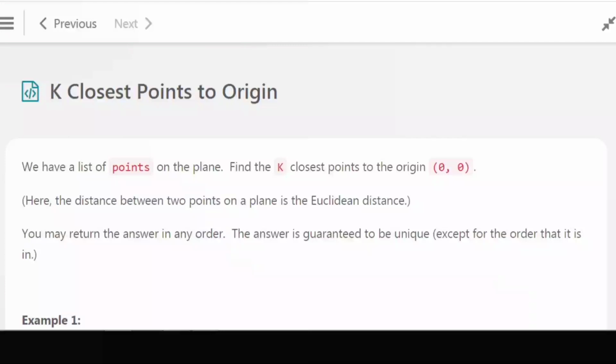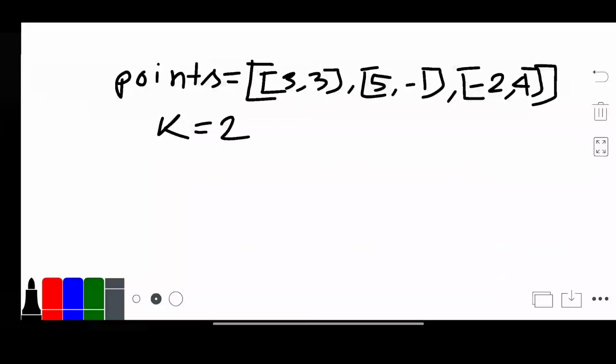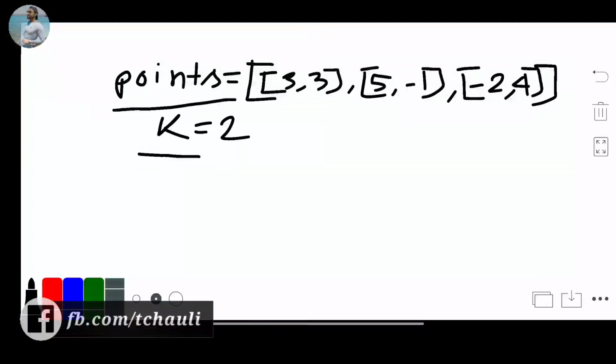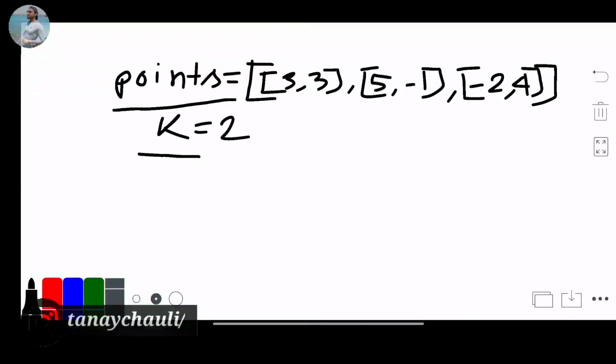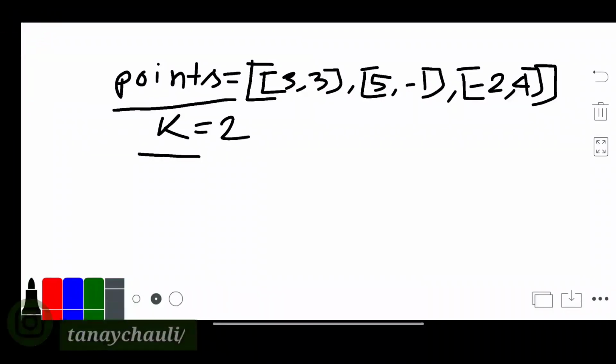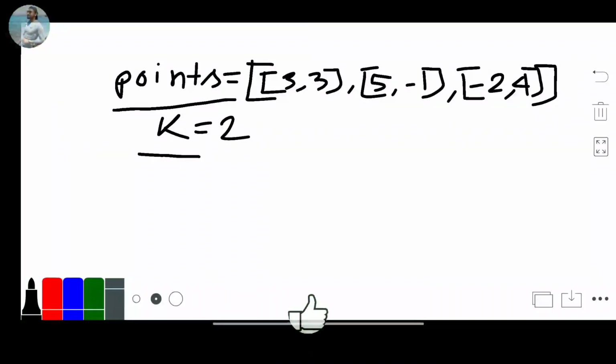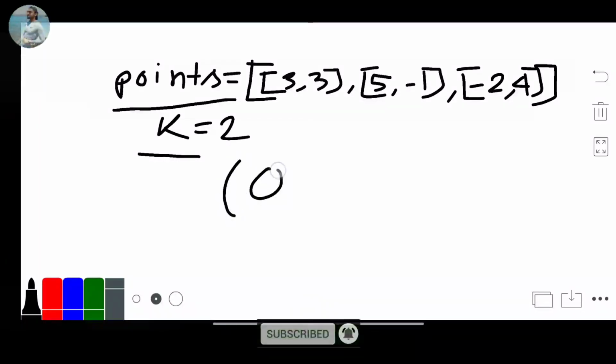First, we will move to the pen and paper and then we will understand this question. In our question, we are given points and k. Here, points are coordinates and k is the number of closest points that we have to print. So basically, we have an origin point that is (0, 0).